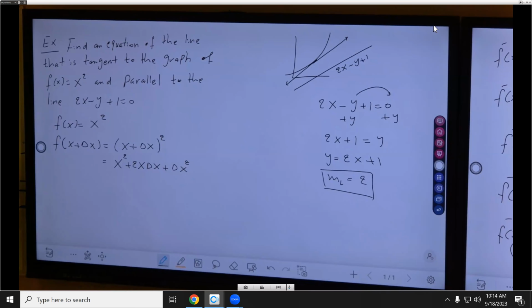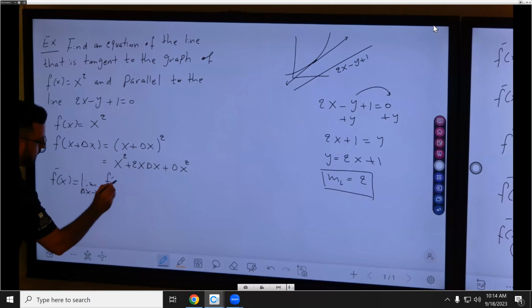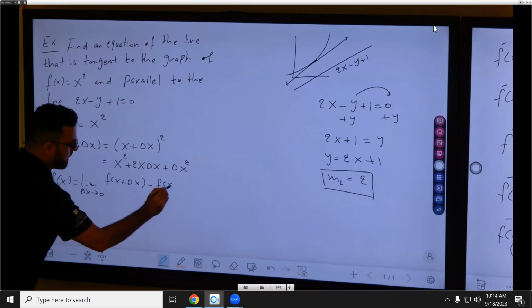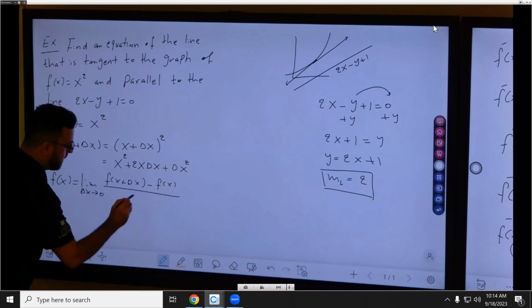Use the limit process to find the slope for the tangent line. So our slope is going to be the limit as delta x approaches 0 of f of x plus delta x minus f of x, divided by delta x.